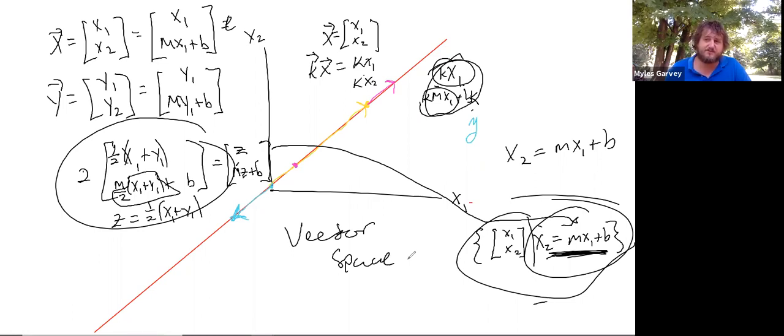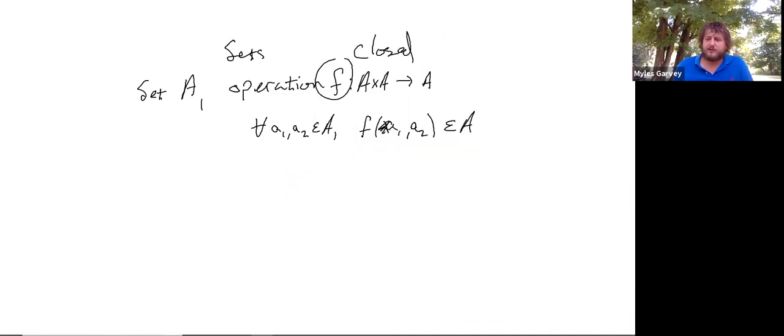It's a set, such that if I take any two vectors in the set and I add them together, I get back a vector that's in that set. And likewise, if I take a scalar multiple of any vector in that set, I get back a vector in that set.